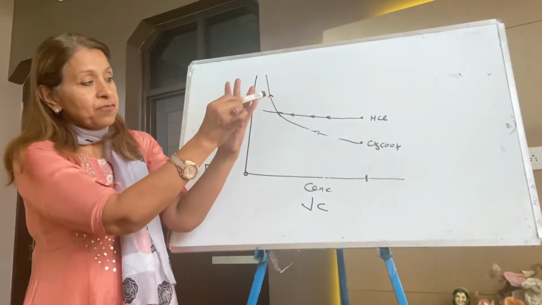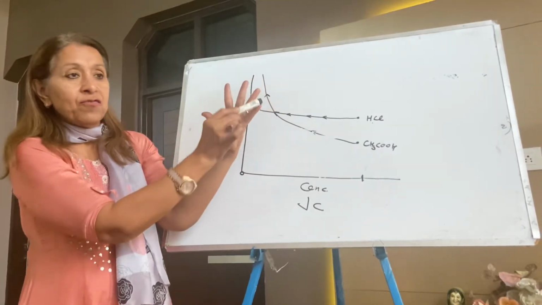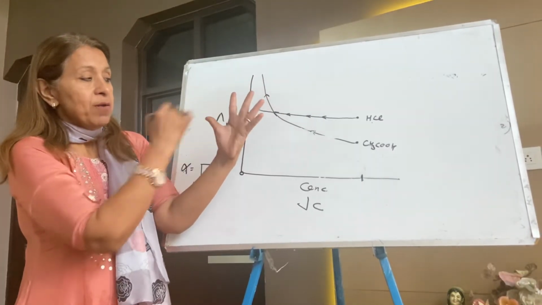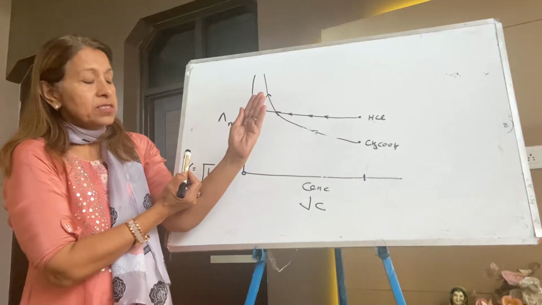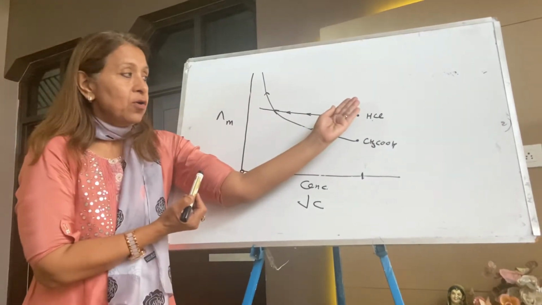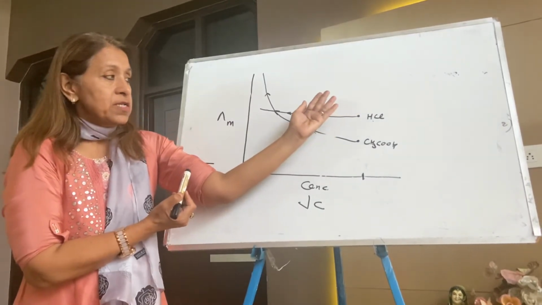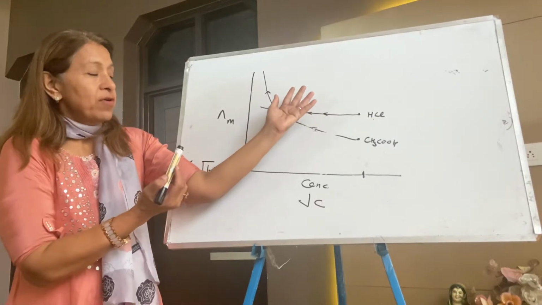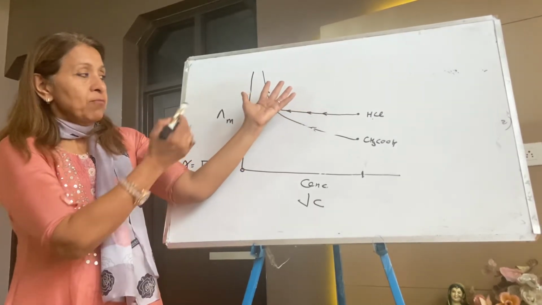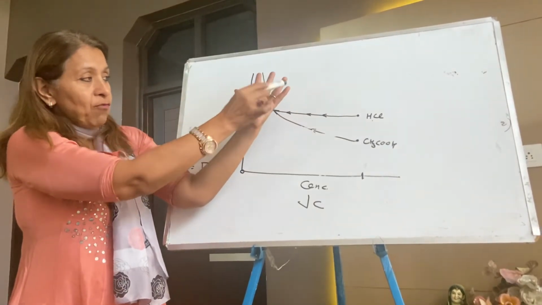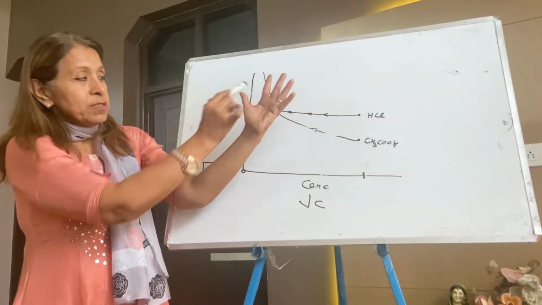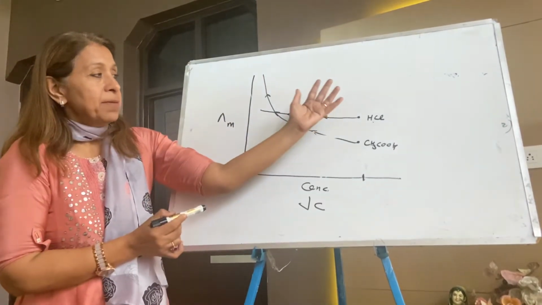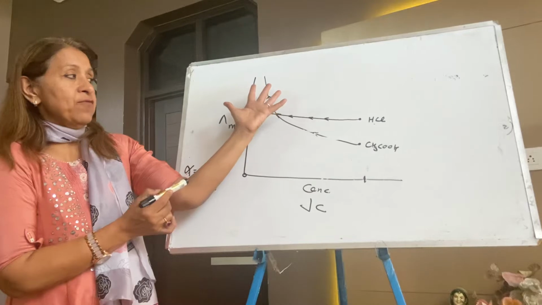My fingers 5 again, 1, 2, 3, 4, 5. Fingers are 5, but at high concentration, the fingers were very close. But when concentration decreases, fingers remain 5, but ions move because water comes in between, water breaks the forces. This means ions number remains same.